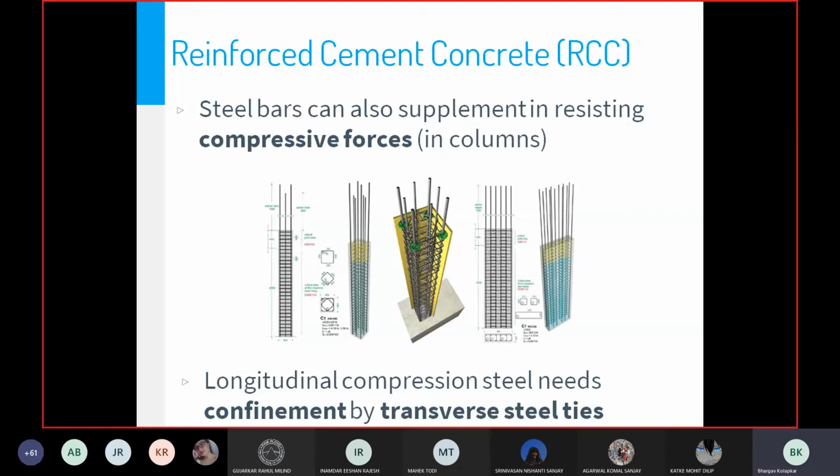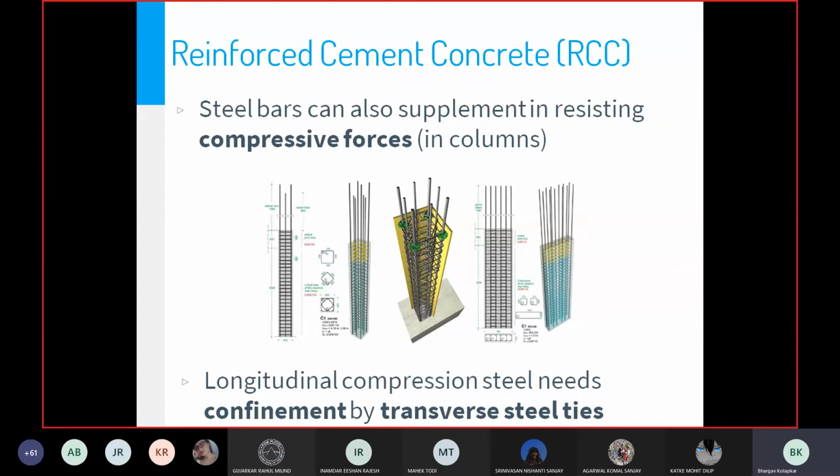So why is steel used there also? Well, though steel is strong in tension, it is equally strong in compression, and therefore reinforcing steel can also supplement concrete in bearing compressive stress, as in columns provided with longitudinal bars.